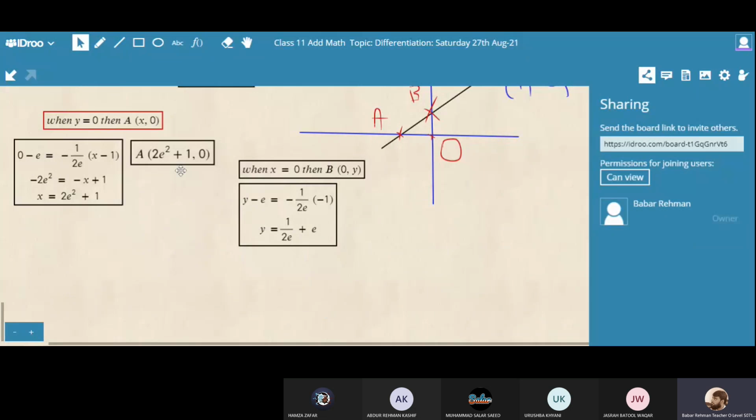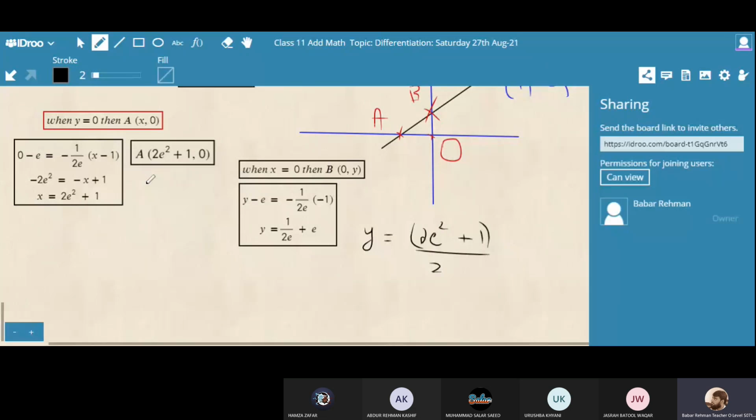Okay, the final value of y would be equal to 2e square plus 1 upon 2e. So what are the coordinates of B?